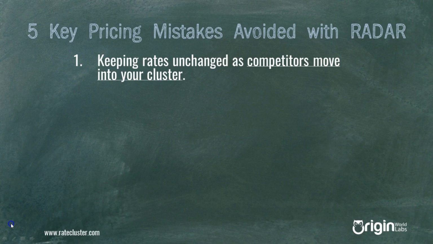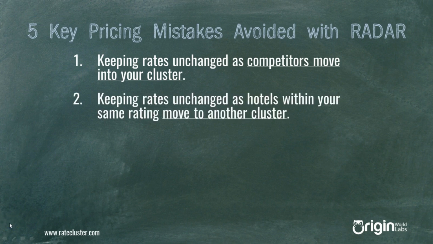In the traditional comp set, the 3-star would typically not list 4-star properties to monitor their movements. The second is keeping rates unchanged as hotels with your same rating move to another cluster. For example, if the pricing trend for the 3-star properties is to price at the 4-star level, then that may signal an opportunity for you to raise your rates.